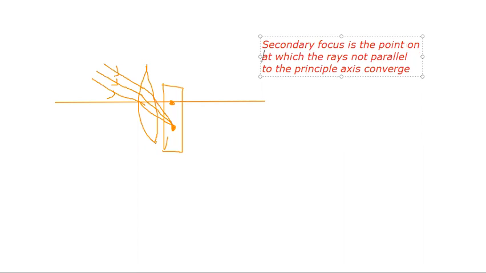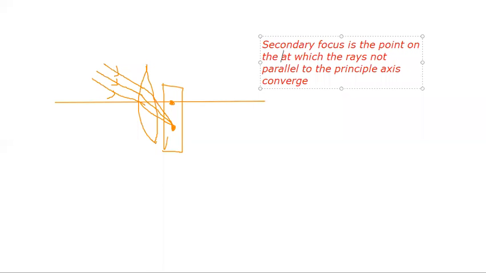And this point lies on the focal plane, but it is not the same as the principal focus. Principal focus lies on the principal axis. Secondary focus does not lie on the principal axis.